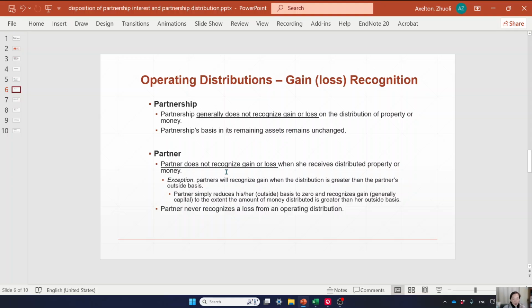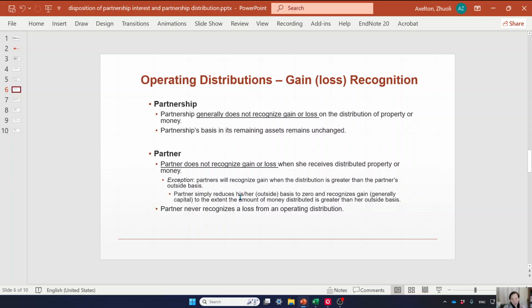From a partner's perspective, generally speaking, they do not recognize any gain or loss when they receive the distributed property or money. The exception is the partner will recognize a gain when the distribution is more than the partner's outside basis, and the outside basis cannot go below 0, so the partner has to recognize a gain to the extent of the money distributed that is greater than the outside basis.